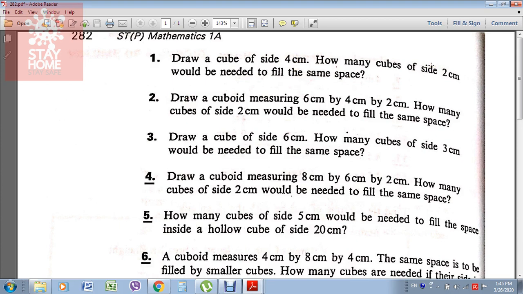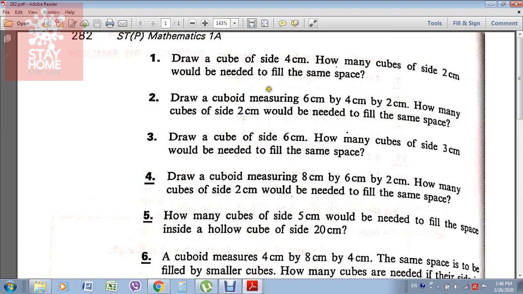So how many cubes will be in the front? Definitely 2 and 2 will become 4. So 2 cubes up and 2 cubes across, so 4 cubes are needed in one slide.